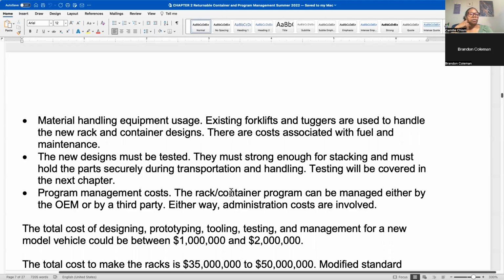But the fork truck drivers would get frustrated with it, and they would turn off the governors. They figured out how to go in and turn them off, so then they could drive the tuggers faster or drive the fork trucks faster. And then the maintenance team would have to go back in and reset all the governors to slow this down. So this would be an example of cost to have maintenance people keep checking to make sure that this equipment is safe.